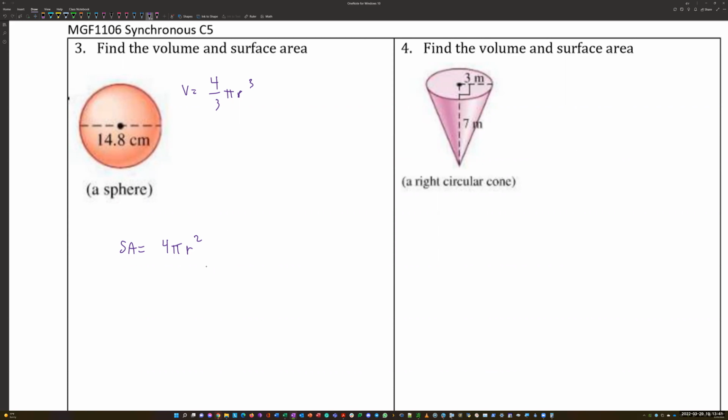Don't forget on the first one also, they did not give you the radius in the question. Also, don't forget that you need to use pi as 3.14.